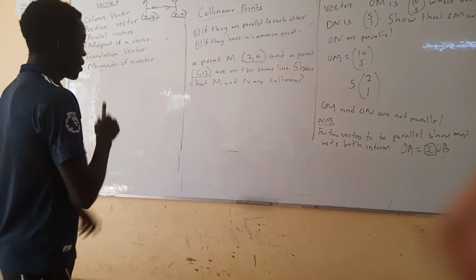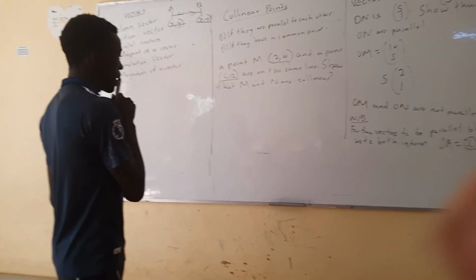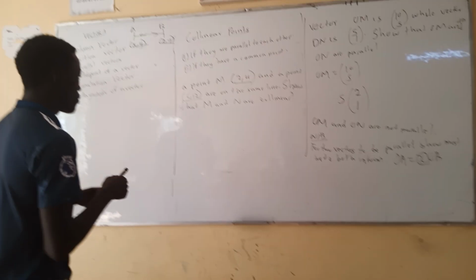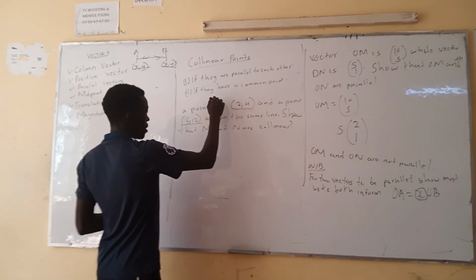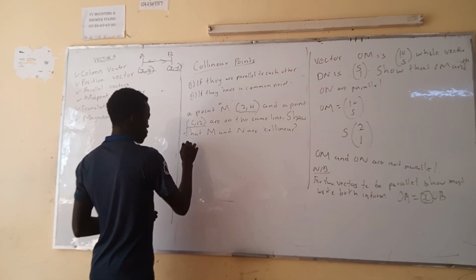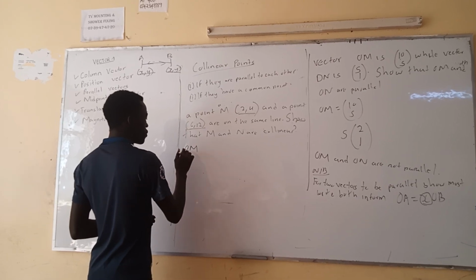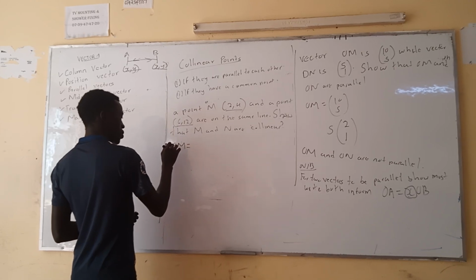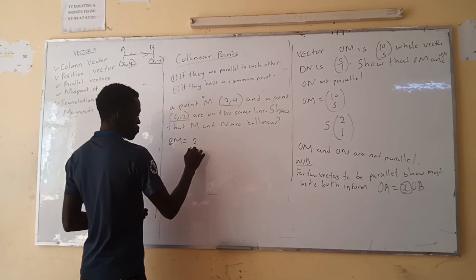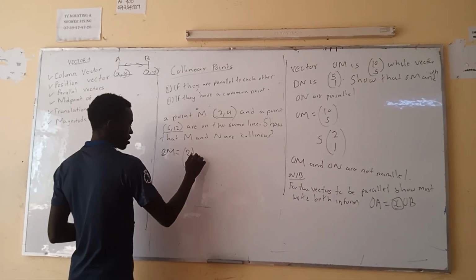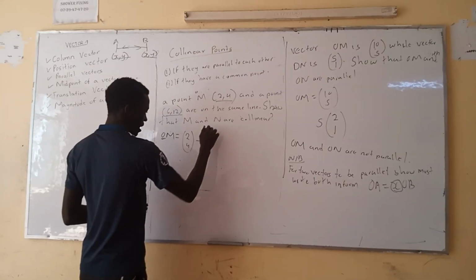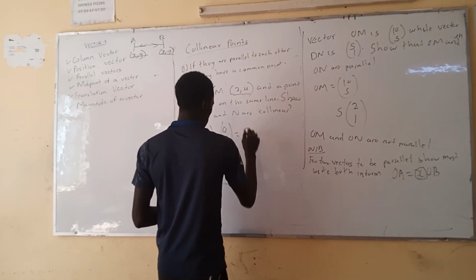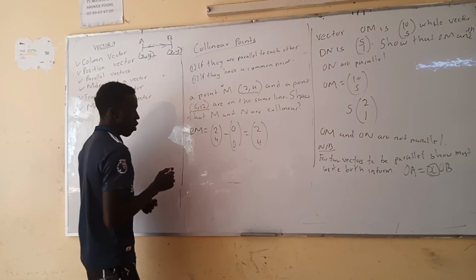For collinear points, we always consider, let's say, more than 3 points. I'll try to get vector OM. With respect to origin, which is 0, vector OM will be M minus origin. What is M? 2, 4. And what is origin? 0, 0. So 2 minus 0 is 2, 4 minus 0 is 4. So that is my vector OM.